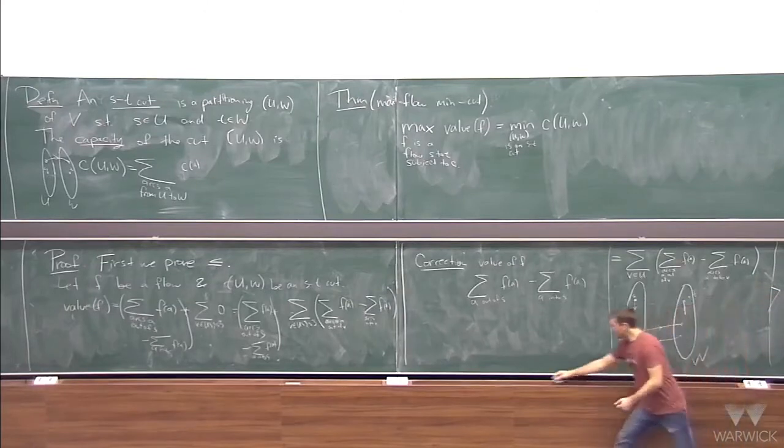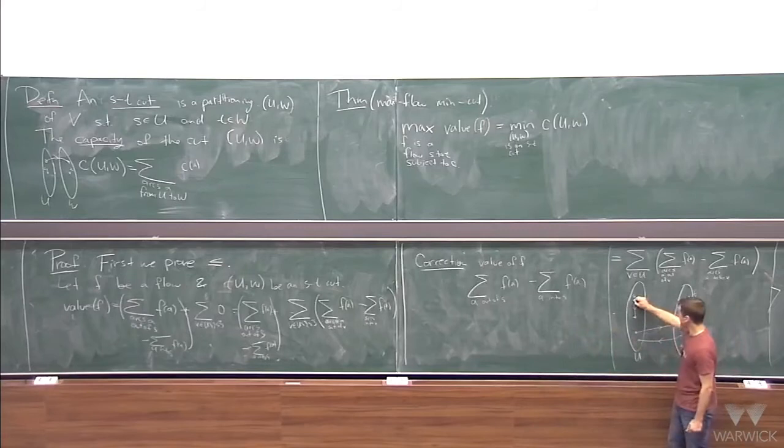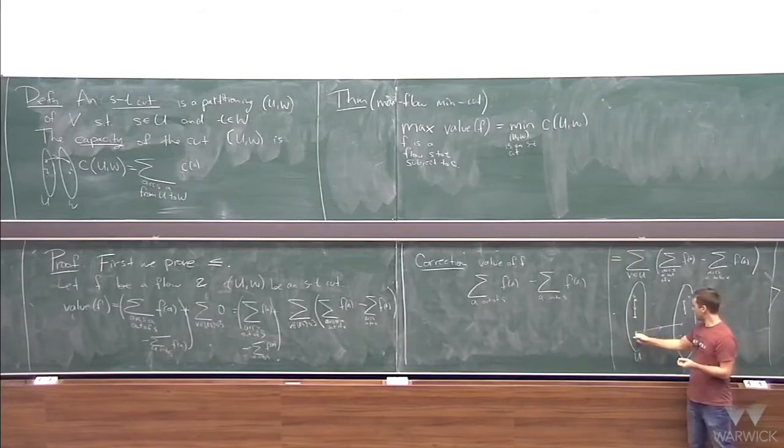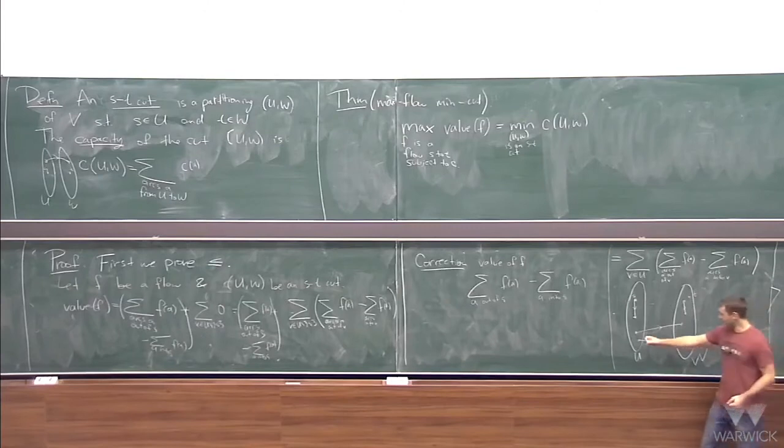An arc which is inside of U appears twice. It appears once when you're summing the values coming out of this vertex, and once when you're summing the values into that vertex. So it appears once with a plus and once with a minus, and those cancel out. An arc going this way appears once with a plus because it comes out of a vertex in U, but it doesn't go into a vertex in U. The arc going the other way appears once with a minus.